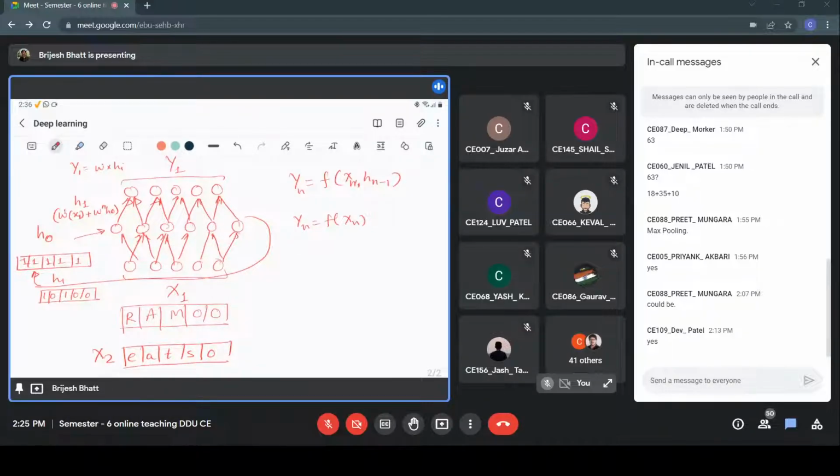The sequence labeling problem that we talked about has particular application in many problems. Part of speech tagging is one that we have discussed. Another is speech to text and text to speech processing.